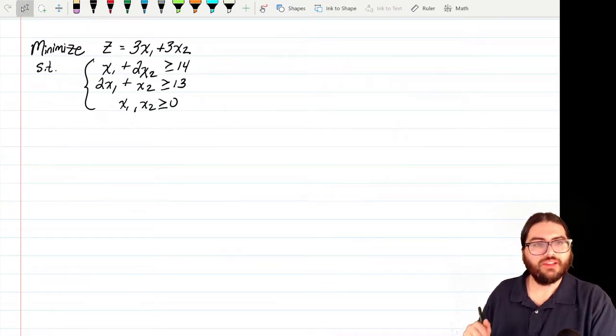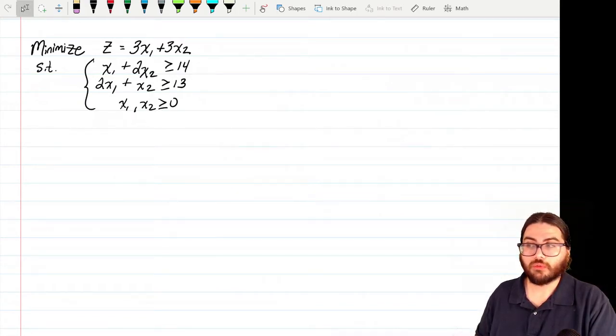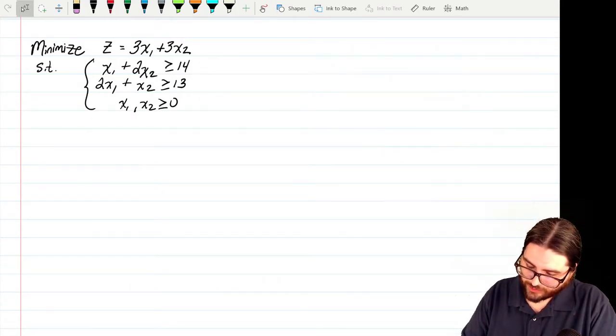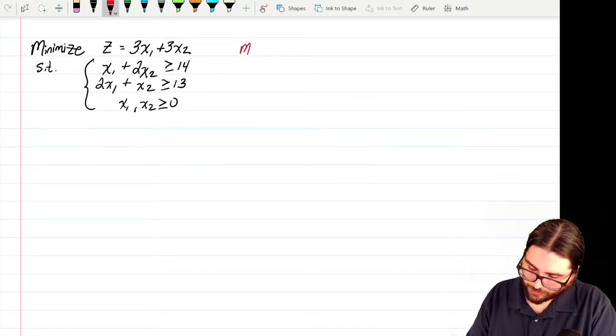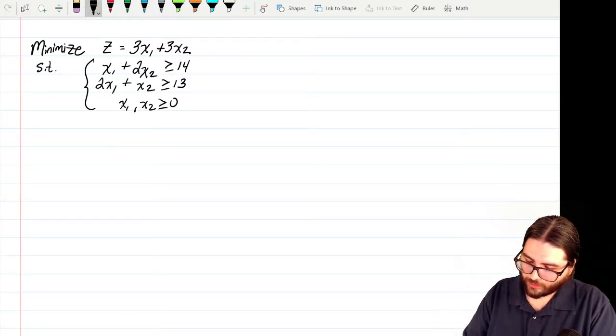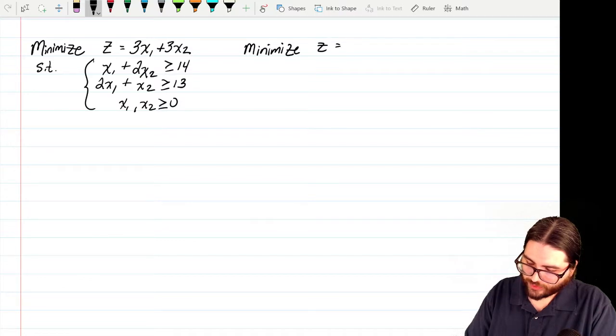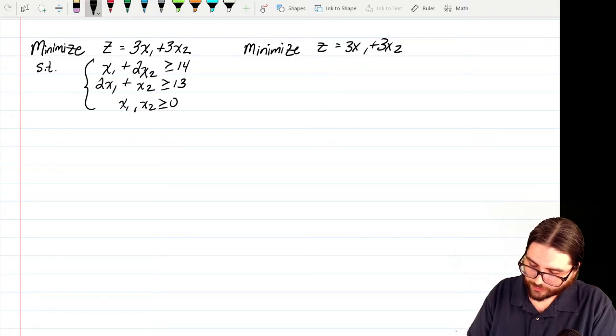So let's look. This is now a standard minimization problem, and I can change it to be how I want it to be by changing all of those greater thans into less thans, such that, I'll multiply everything times -1 to change this inequality from a greater than to a less than.